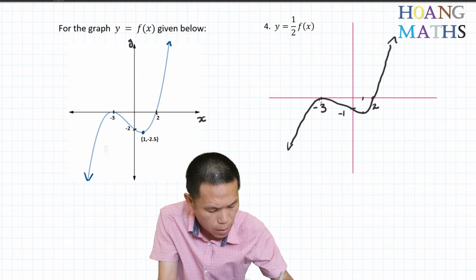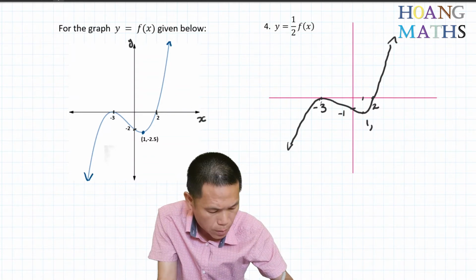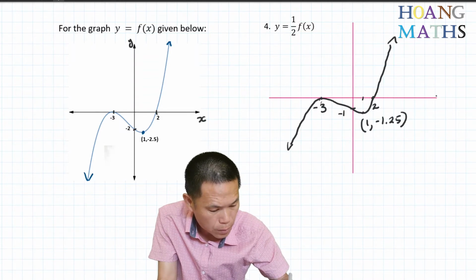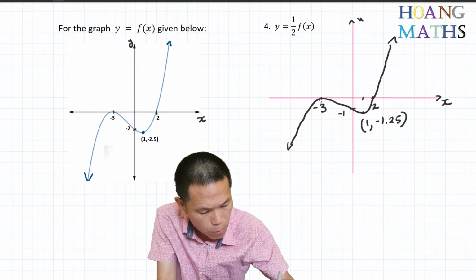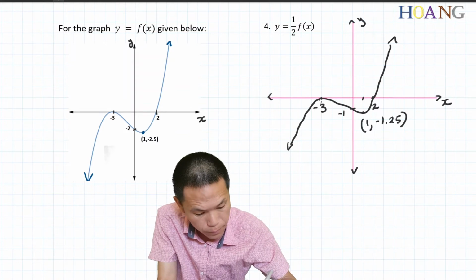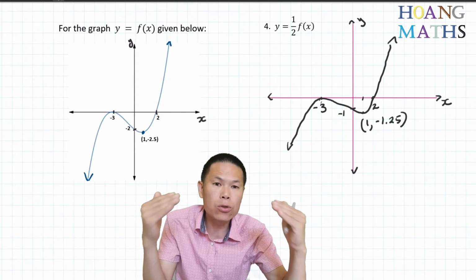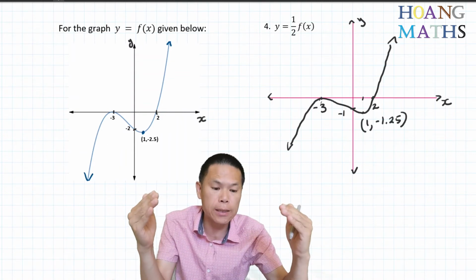So this is 1, negative 1.25. So this is x, y. There you go. So this is y is equal to half of f of x.